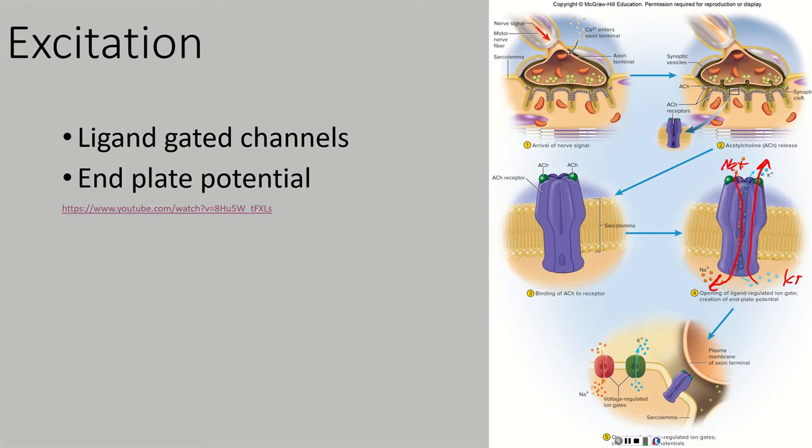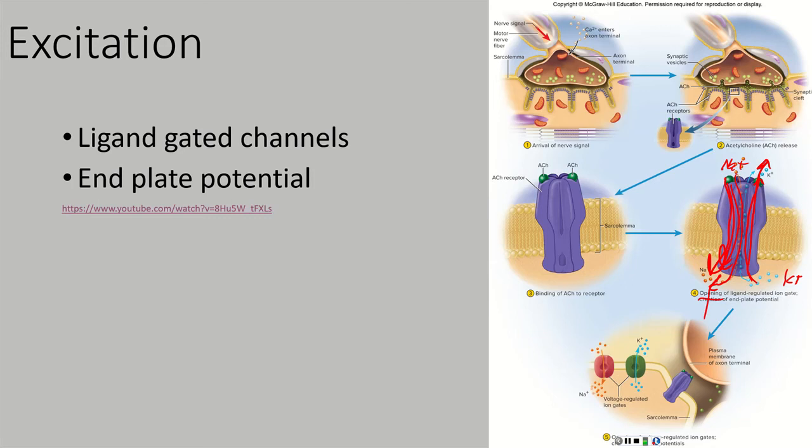Potassium had an electrical gradient holding it in and a concentration gradient outward. So, more sodium comes in at this point, and less potassium goes out. So we have more positives coming in than going out.